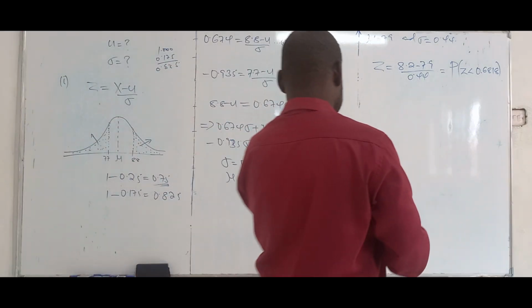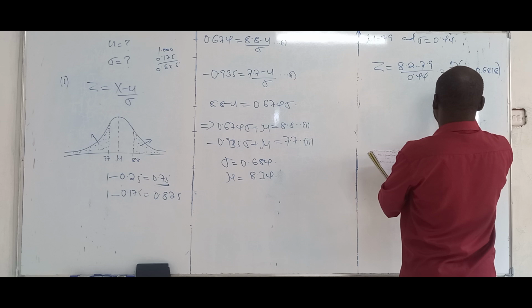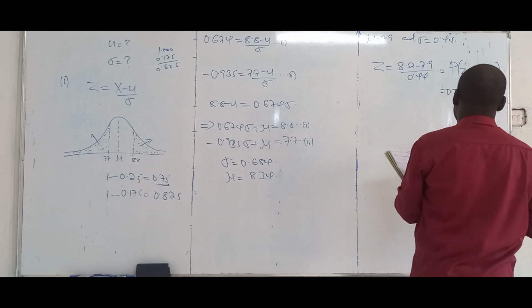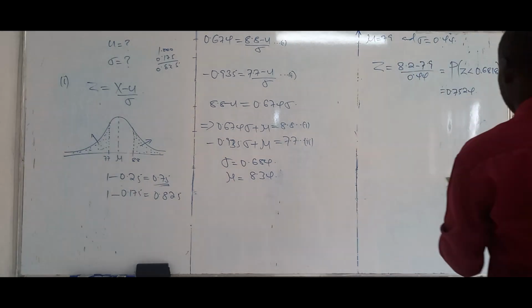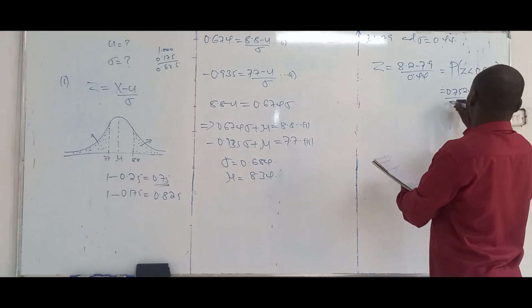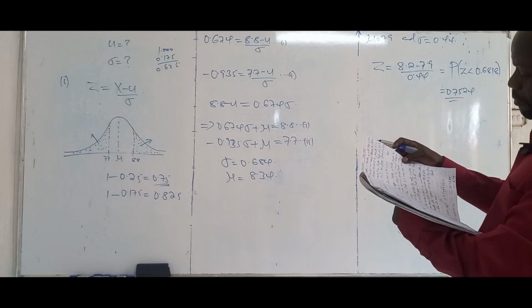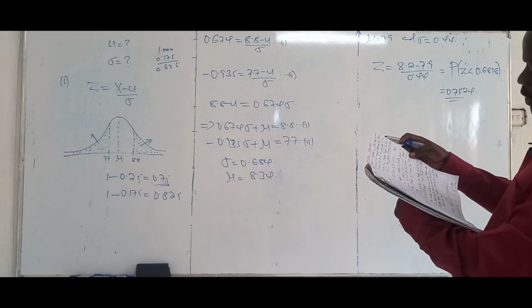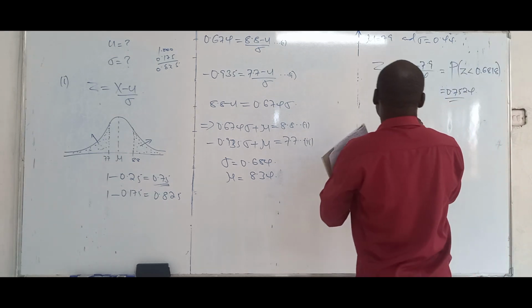Well, we see that it is 0.7524. That's that probability. But the question is asking, find the probability that exactly 3 of these women have middle fingers shorter than 8.2. Exactly 3.